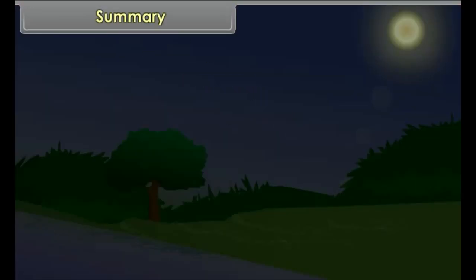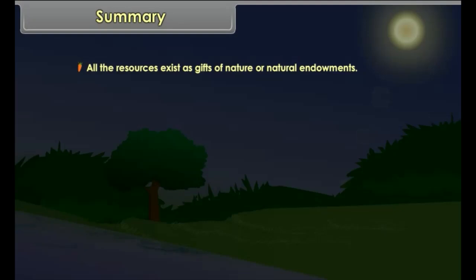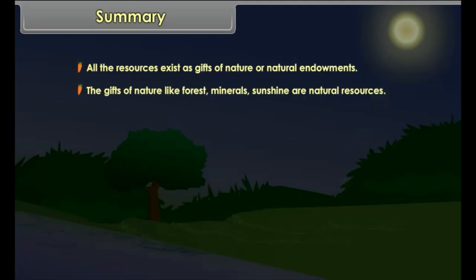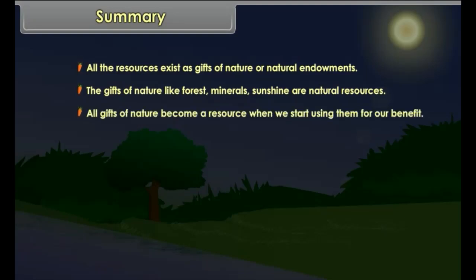Summary. All the resources exist as gifts of nature or natural endowments. The gifts of nature like forest, minerals, sunshine are natural resources. All gifts of nature become a resource when we start using them for our benefit.